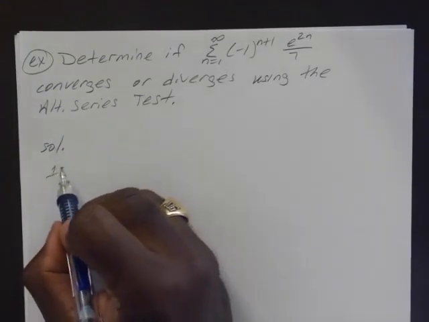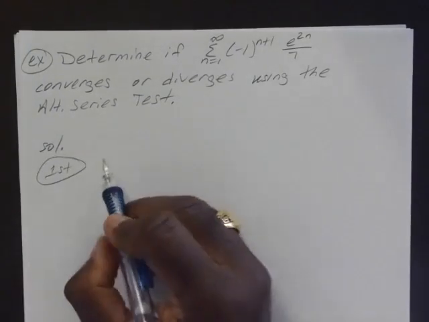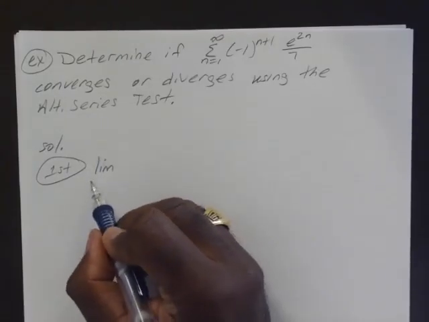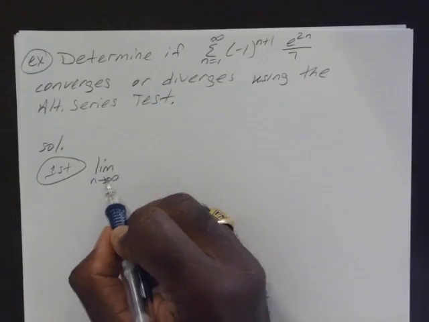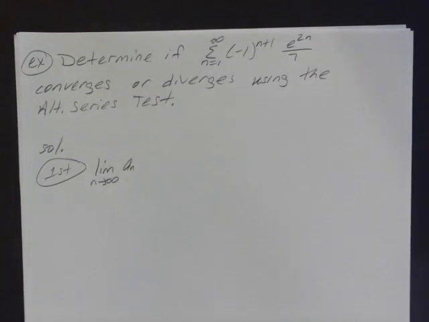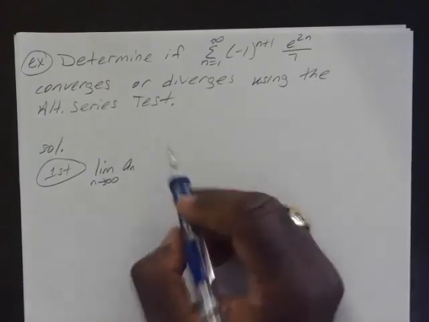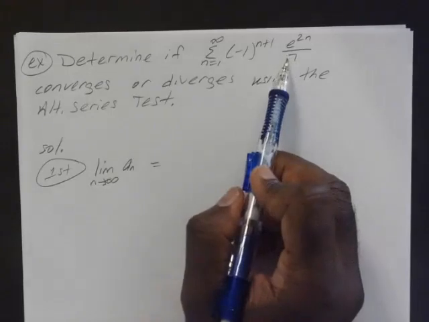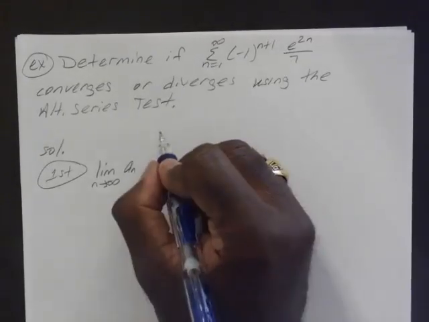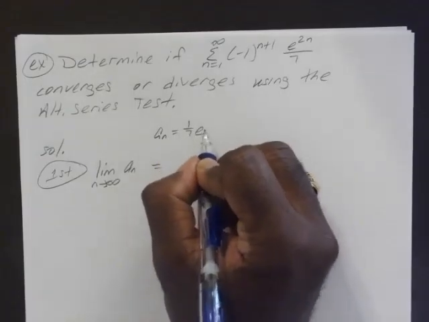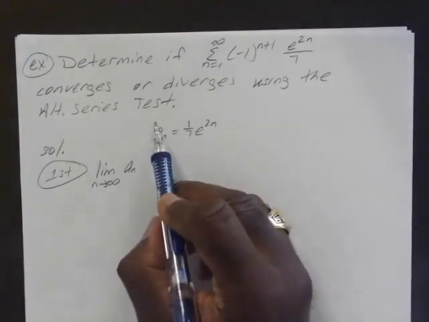Okay, so remember the first step. You take the limit as n approaches infinity of your a sub n. Our a sub n is equal to 1/7 times e to the power of 2n.